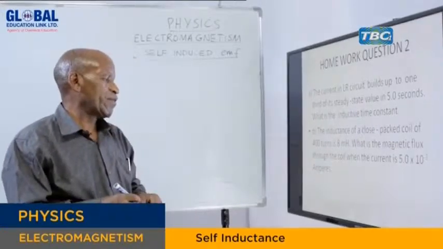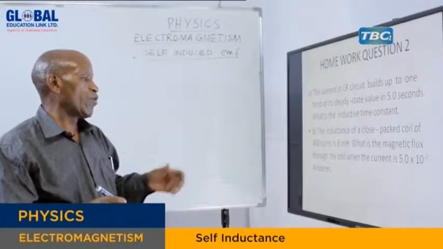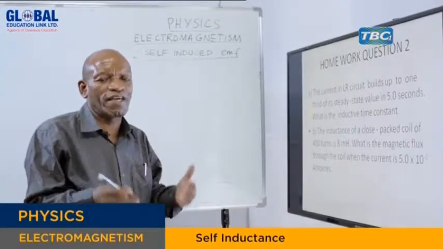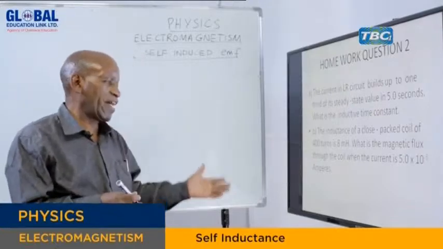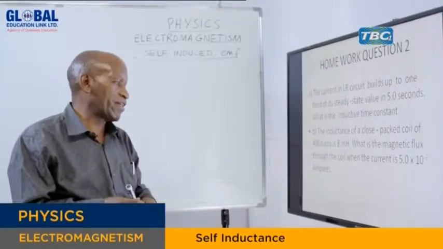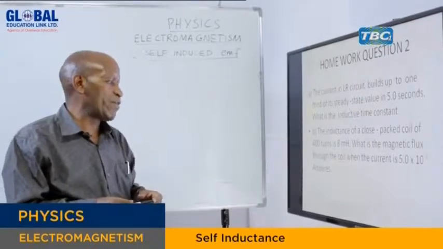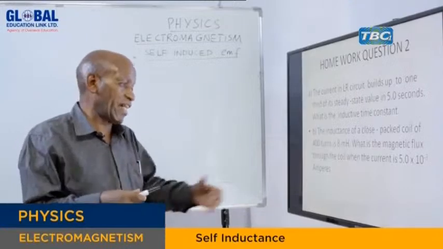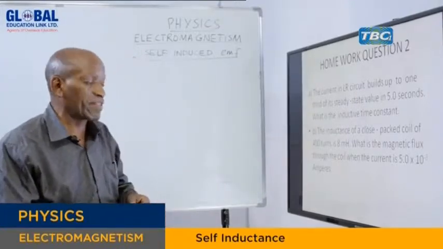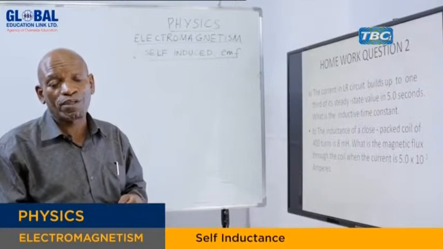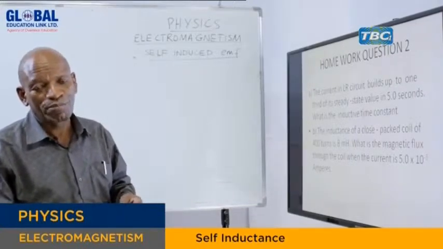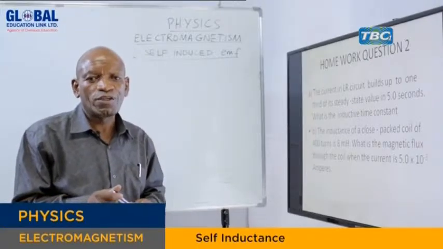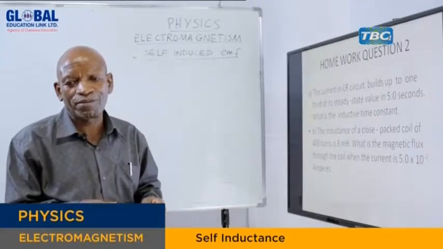In this part, you are given a coil which works as an inductor, with 400 turns and 8 millihenries. You are being asked to determine the magnetic flux whenever a current of 5 times 10 power negative 3 amperes flows in it. I hope you can do it by referring to the previous formula which we have already used and derived in our previous case.